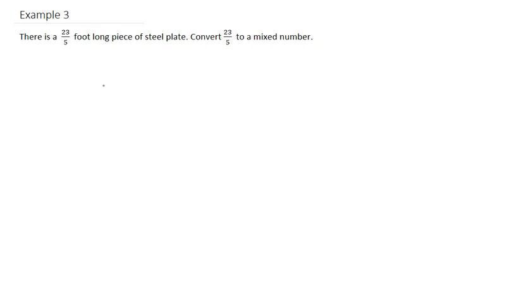So we would go 23 divided by 5. 5 can go into 23 how many times? Well, 5 can go into 20, which is 4 times. So 5 times 4 is 20. We subtract 23 minus 20, and we get 3.